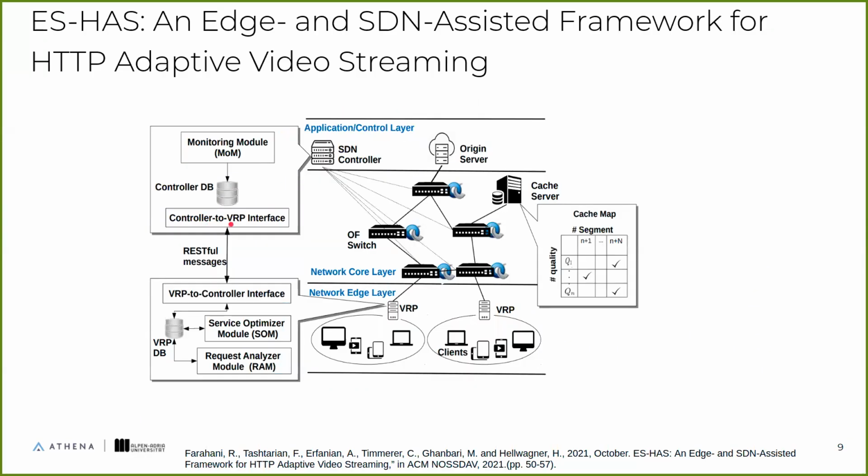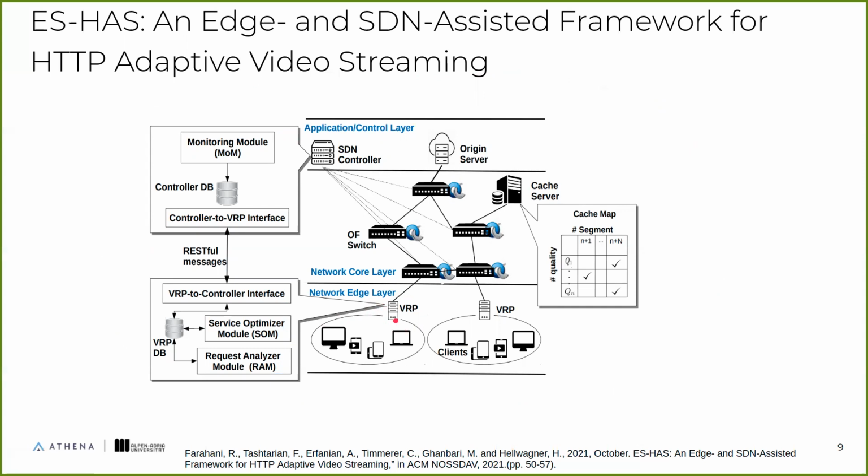In our previous network assisted approach called ESHAS, we designed this architecture. The novelty of ESHAS was introducing virtual reverse proxy that used the NFV technology at the edge of the network.